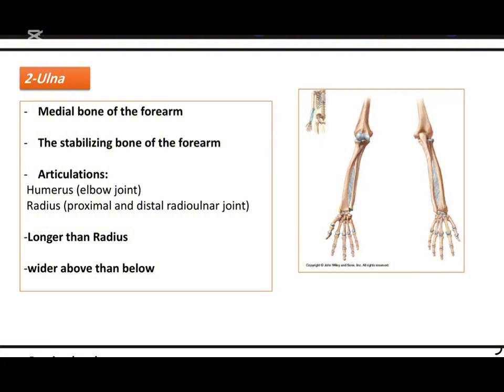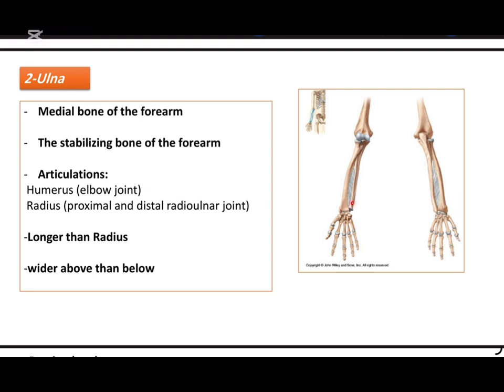What about the articulation? This bone articulates here with the trochlea of the humerus at the elbow joint. What about the wrist? Very important to know that there is no articulation between the ulna and the carpal bones. So the ulna is excluded from the wrist joint. What about this space here?